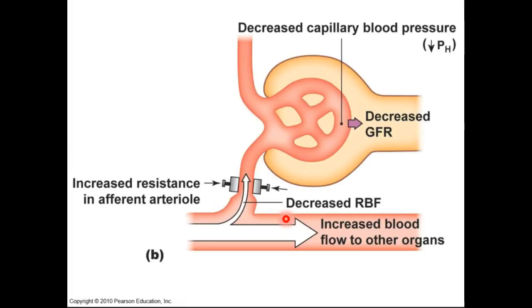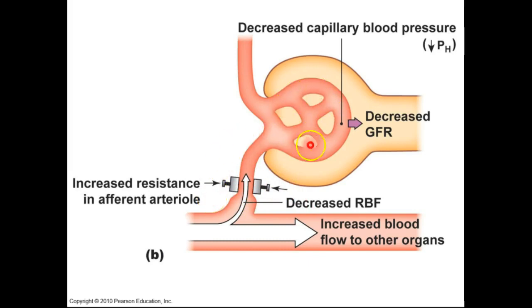So myogenic mechanism first. First and foremost, we've got an afferent and an efferent arteriole, and those do have layers of smooth muscle around them. Okay, so think about hydrostatic pressure. We're letting a certain amount of fluid into the glomerulus. Now let's say we constrict the smooth muscle around the afferent, the arriving arteriole.